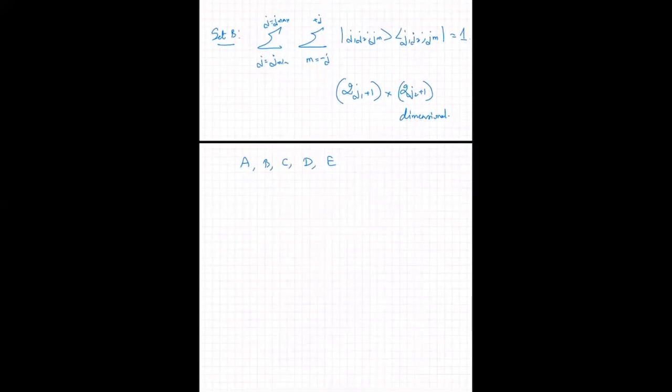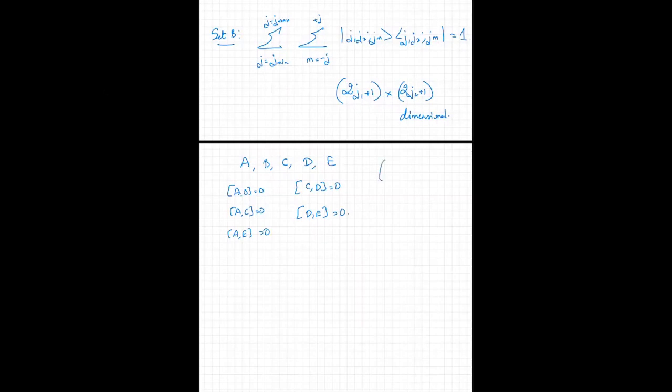Now, let us say that A, B commute, A, C commute, and A, E commute. And let us say, for example, C, D commute, and D, E commute, whatever. Now you need to construct the basis vectors of a 3-dimensional Hilbert space. How do you want to construct it?